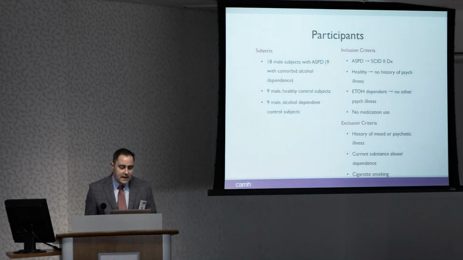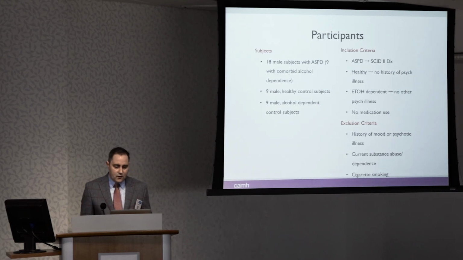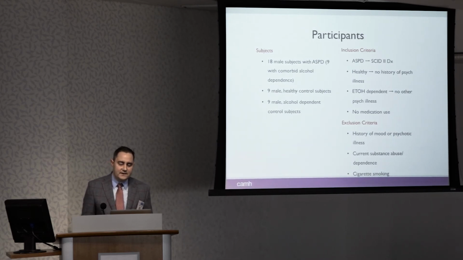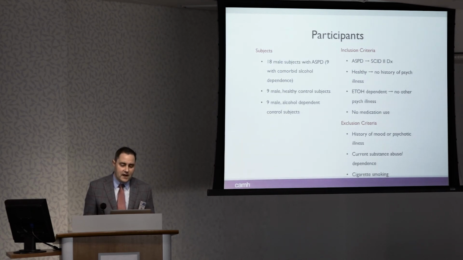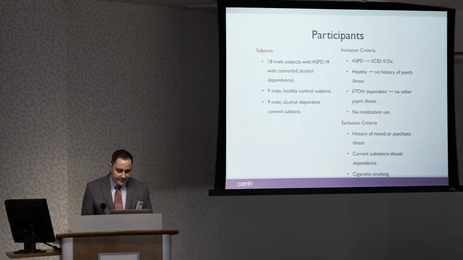So we scanned 18 subjects with ASPD, 9 of which had comorbid alcohol dependence. Our control groups were 9 male healthy subjects and 9 subjects with alcohol dependence. For the inclusion criteria, the ASPD had SCID2 diagnosis, the healthy had no history of psych illness, and the alcohol dependent had no other psych illness, and no one was on any medications.